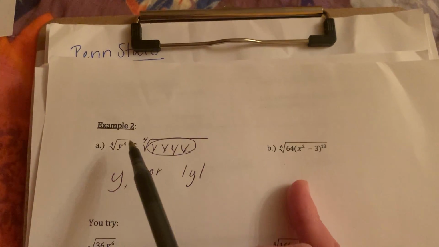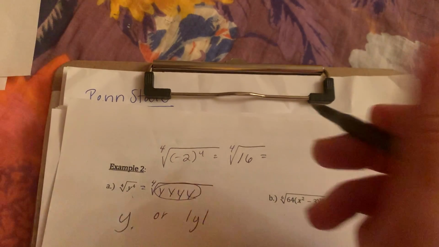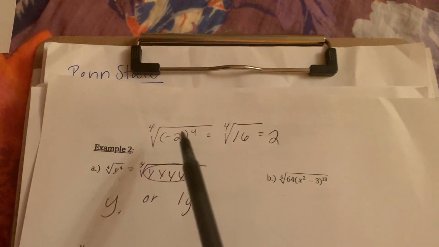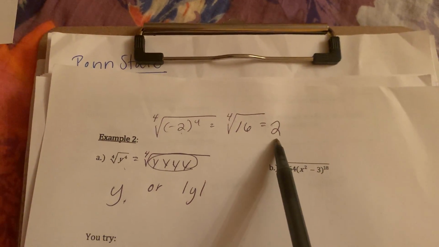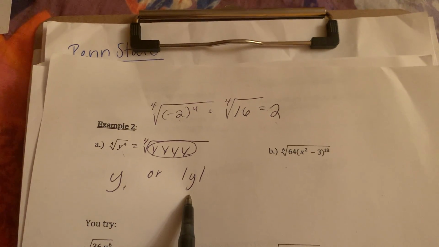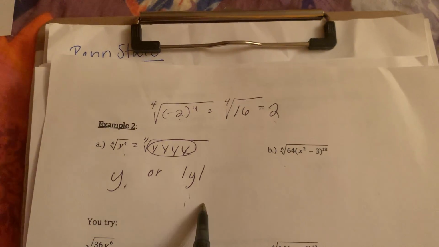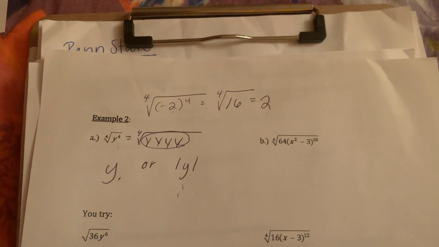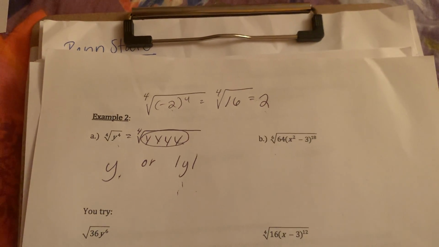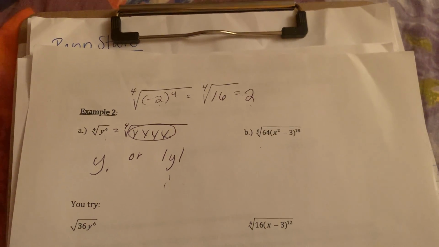If y was a negative number, let's just say -2, and I put -2 in, -2 to the 4th is 16. What's the 4th root of 16? A +2. So if I put a negative in, a positive is still going to come out. So that's why you can write the absolute value. I don't care which one you do. A lot of times you don't even use this unless the directions specifically ask. So I wouldn't worry about it.